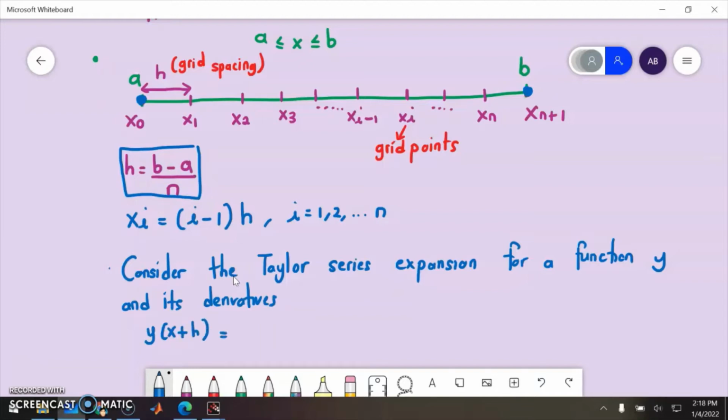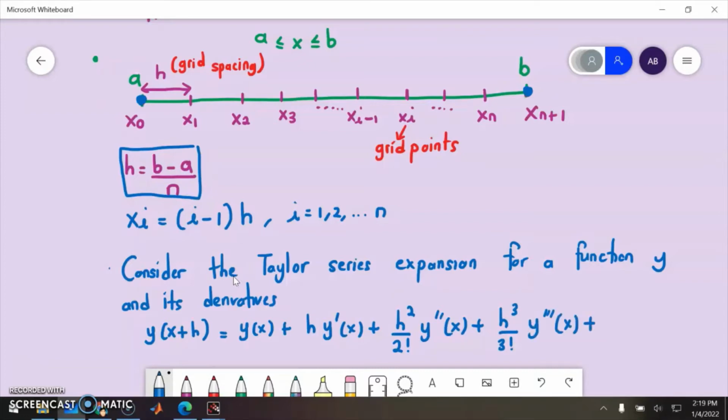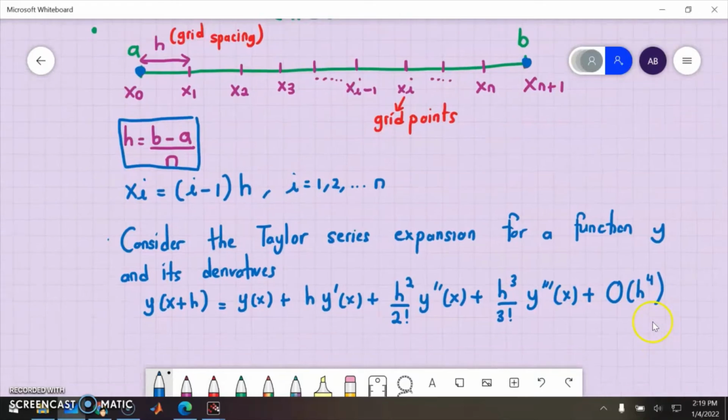Taylor series expansion with respect to h, we have y(x) + h y'(x) + h^2 over 2 factorial y''(x) + h^3 over 3 factorial y'''(x) and the order 4 term, h to the power of 4.